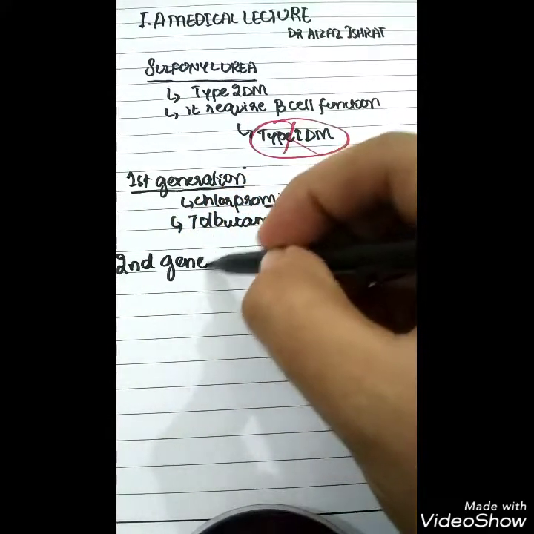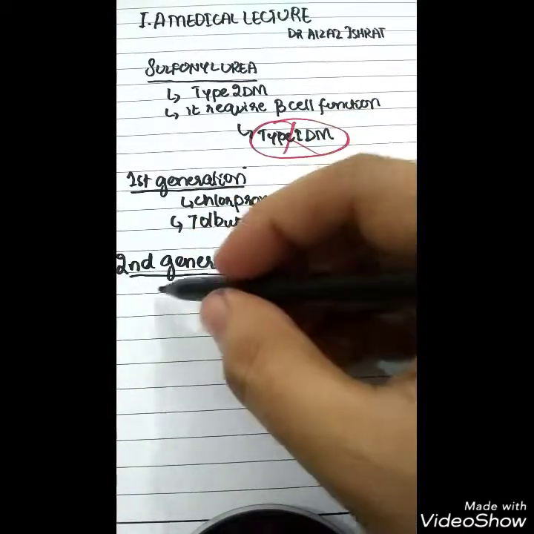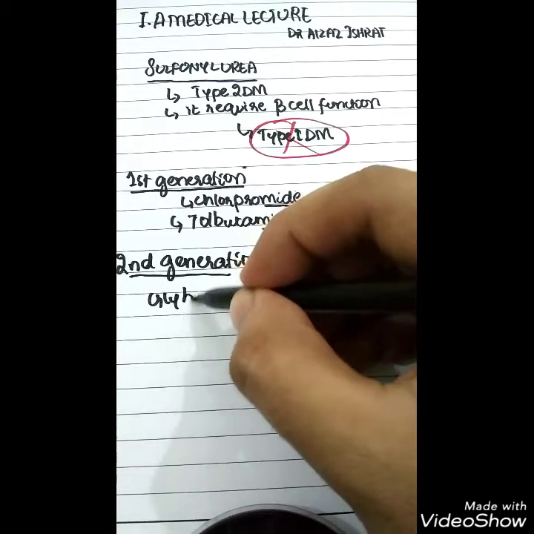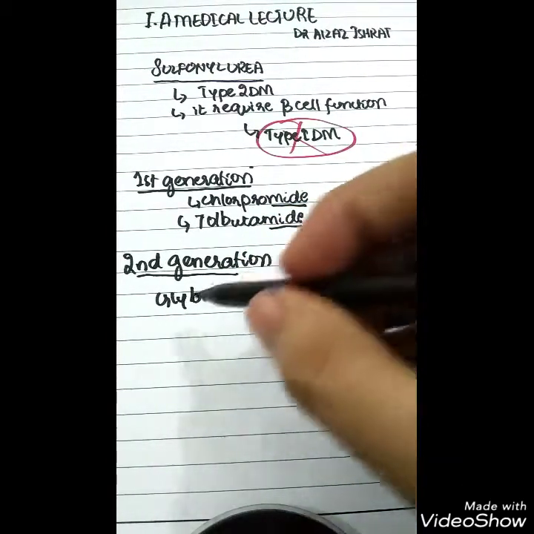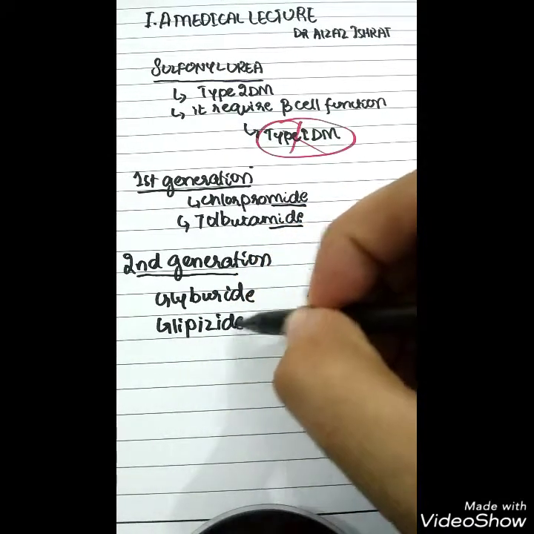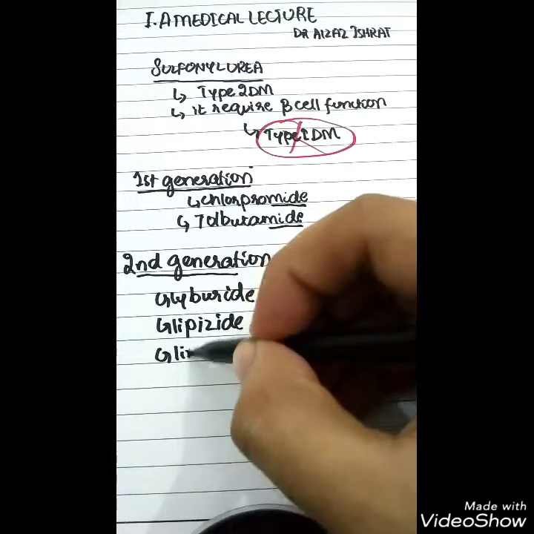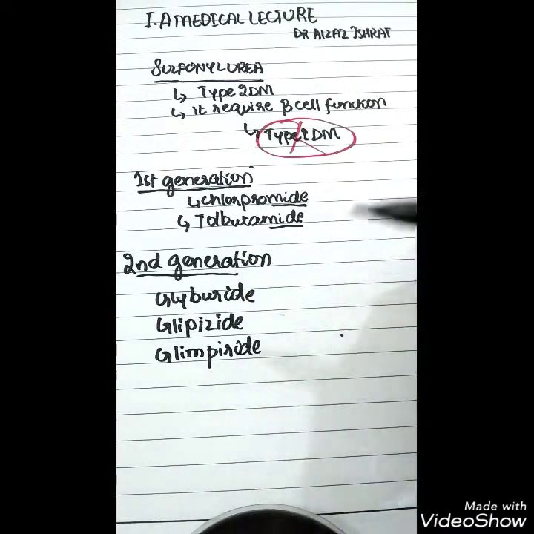Second generation, we know that we have glyburide and glipizide. The third one is glimepiride, but some say it is third generation.